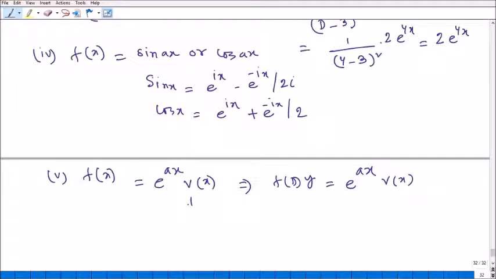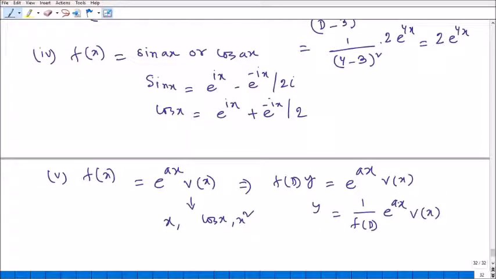Here v of x can be sine ax or cos ax or x square, any type of function of x. So y equals 1 by f of D operating on e to the power ax into v of x.